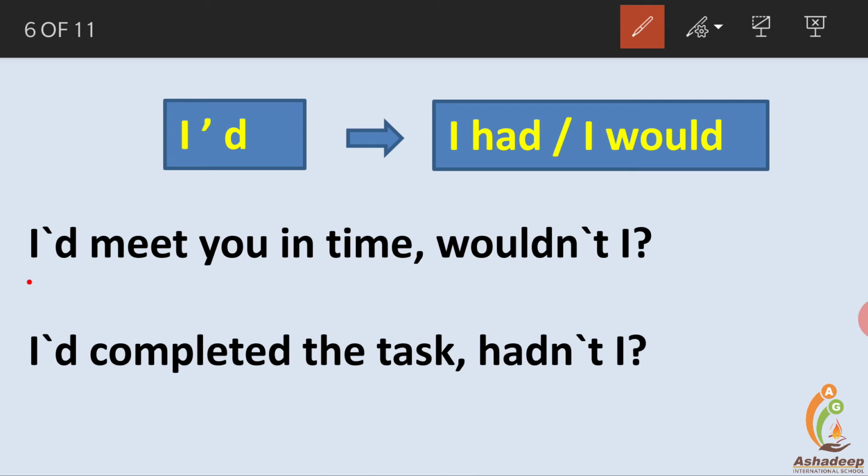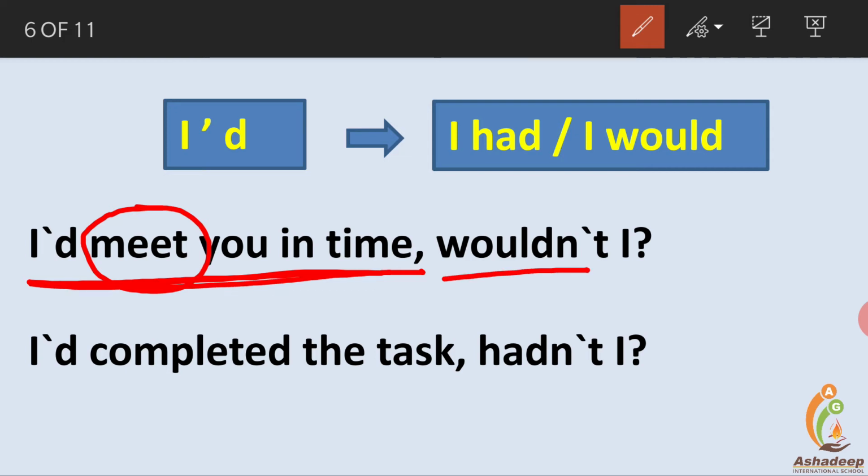Let us study this first example. I'd meet you in time. After 'd it is the V1 basic form, it is not met. If it was met, then we would have taken had. Here it is the basic form, so we will take would. It's a positive sentence, so the negative form of would is wouldn't, and the subject given is I. The second example, I'd completed.